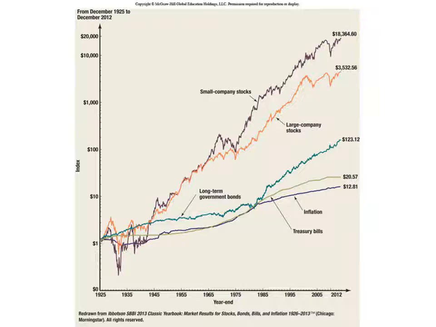And finally, we have small company stocks. If you'd invested $1 in small company stocks back in the day, now you would have $18,364.60. Why are small companies riskier than large companies? Well, first of all, every large company, for the most part, started as a small company. Only the smart ones have survived to become large companies.